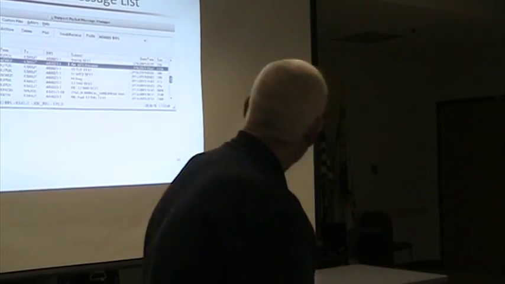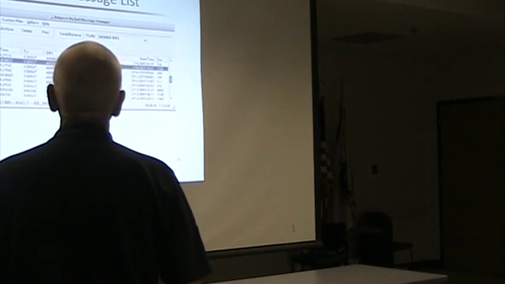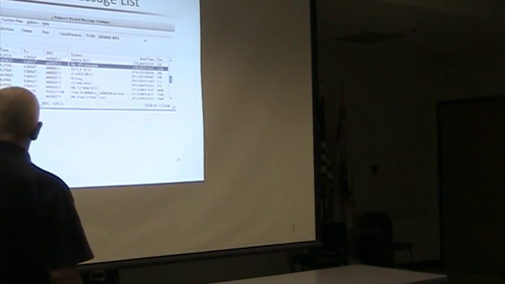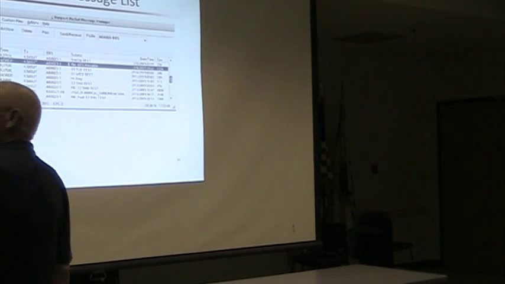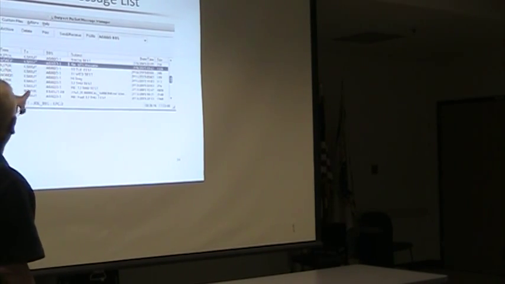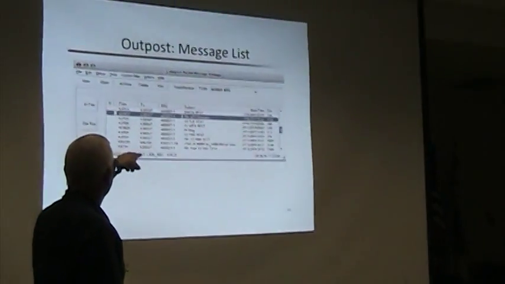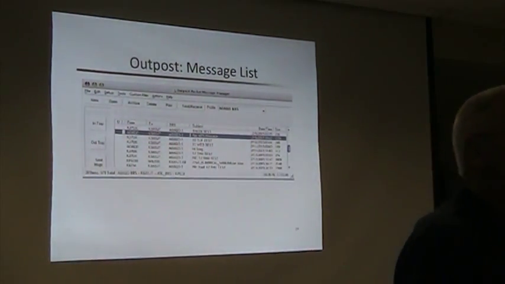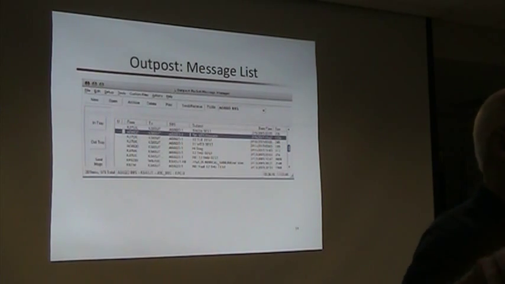Here's the message list. So these are mail messages that I had the other day. You see Monday test, Tuesday test, Wednesday test. There's a net up in Nevada, and that group up there, they have all their operators.